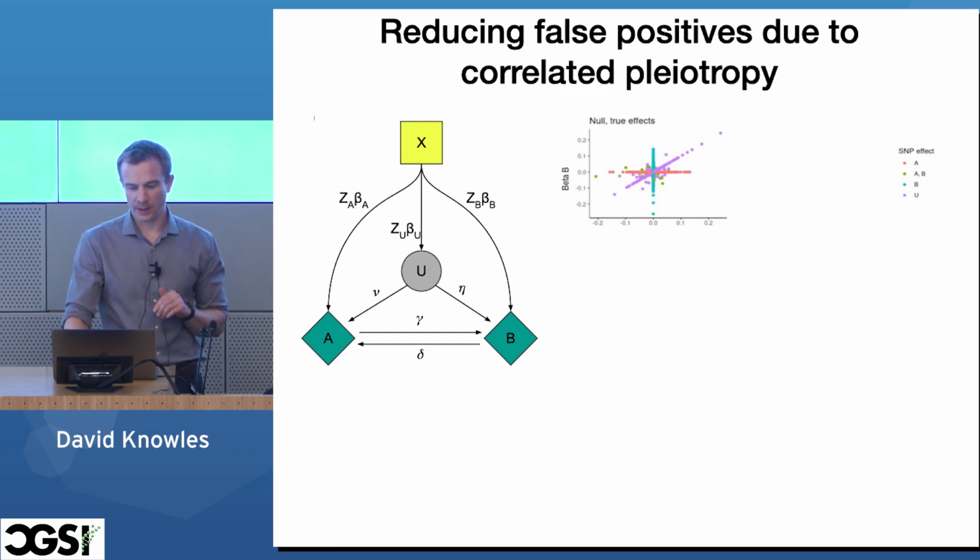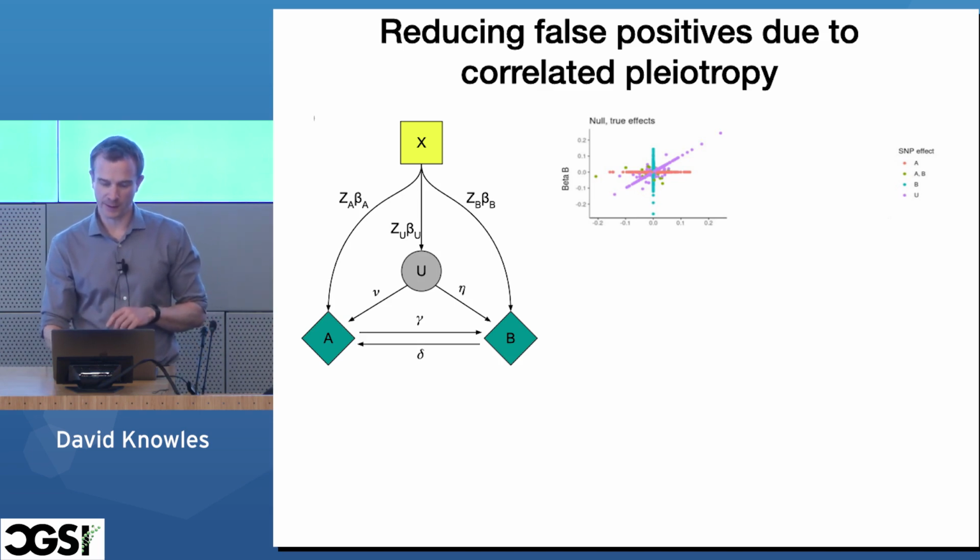So the approach we came up with to try and deal with this issue of having a genetically controlled confounder works as follows. The figure I'm showing you is the same setup as I showed you for Egger regression. So on the x-axis, you're seeing the association between SNPs and A, and on the y-axis between SNPs and B. So SNPs that affect only A are going to be these red points on the x-axis.